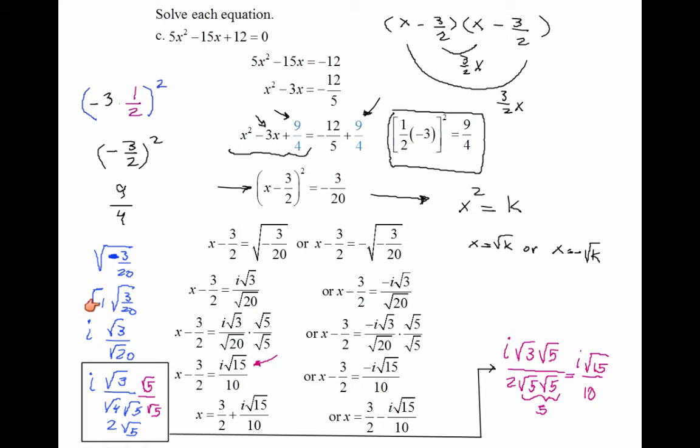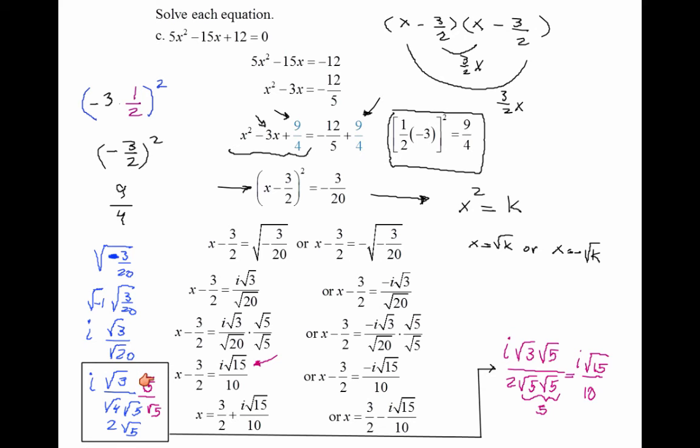To simplify radical 3 over 20, we can separate that into radical minus 1 times radical 3 over 20. We replace radical minus 1 with i. Here we have radical 3 over radical 20, which is equal to radical 3 over radical 4 times radical 5, here would be 2 radical 5.